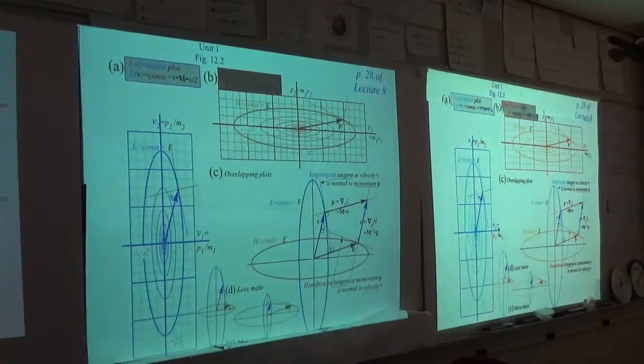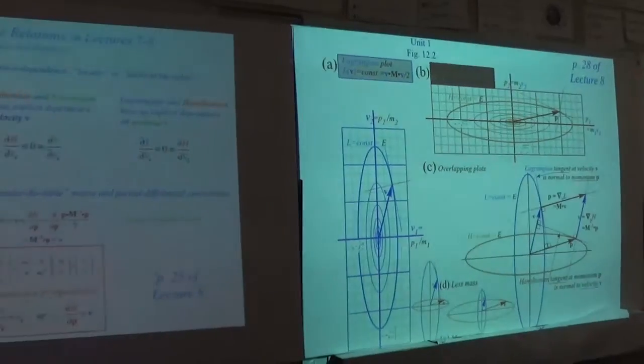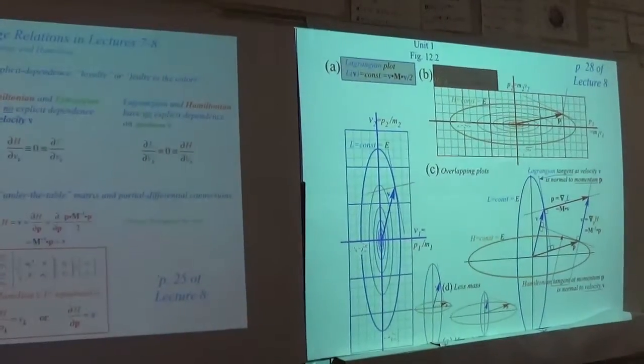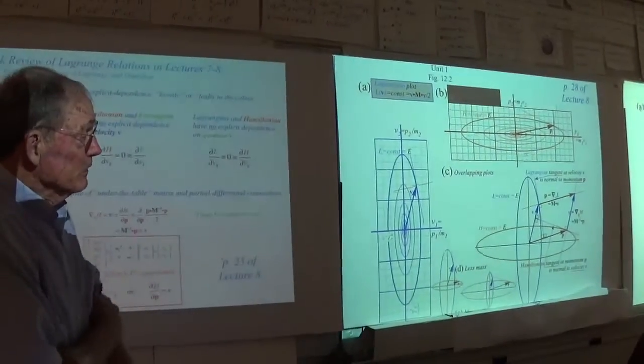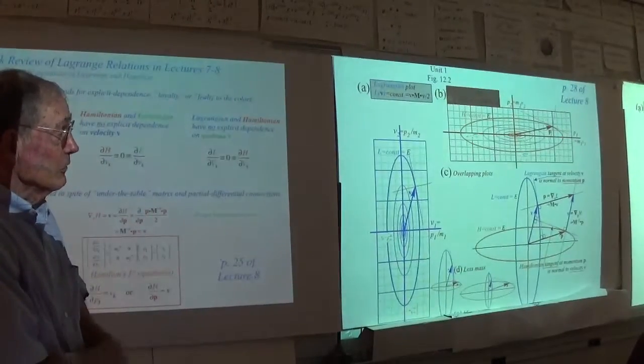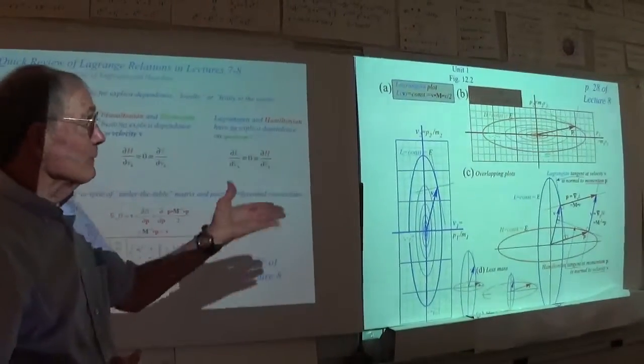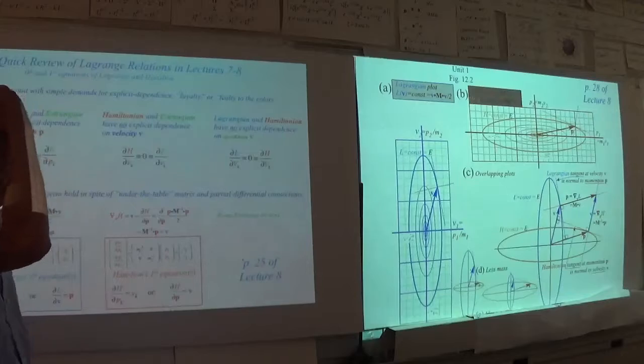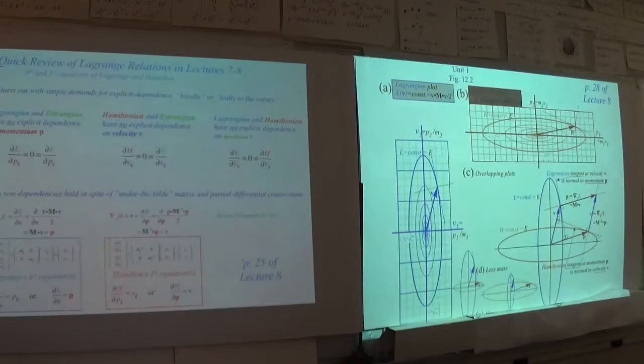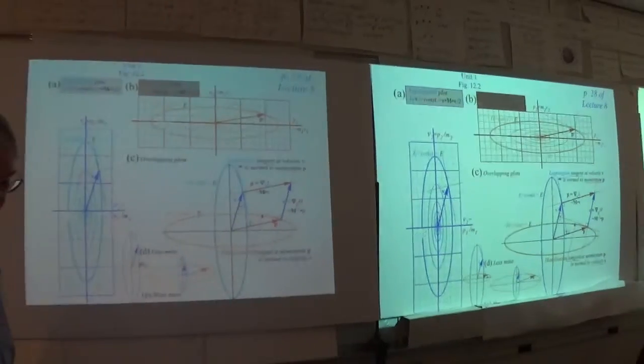It involves tangents and sharing, or duality, between the Lagrangian and the Hamiltonian. Lagrangian in blue, Hamiltonian in orange or reddish colors there. Same color scheme up here.